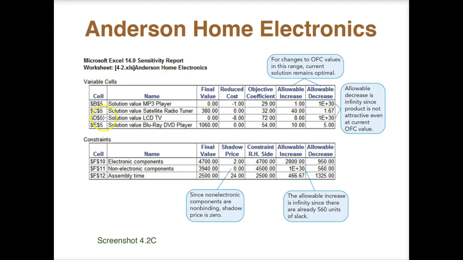So if we go back here, non-electronic components, we see that we actually used up 3,940, but we had up to 4,500 to use. So since we see here we have no shadow price, what that's telling us is that this is a non-binding constraint here. So this means that we're not going to have any effect on profit here.